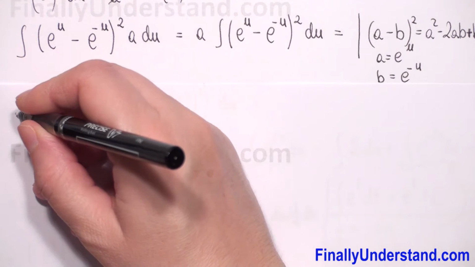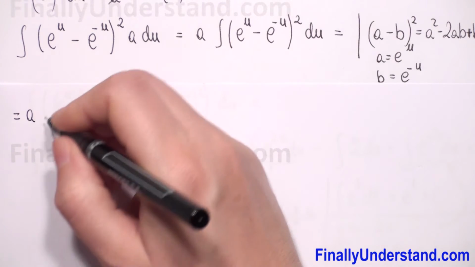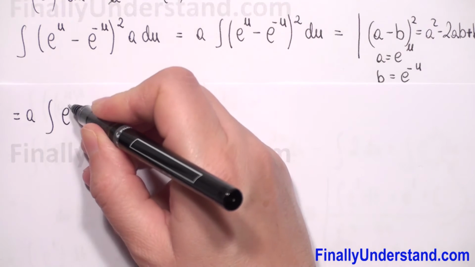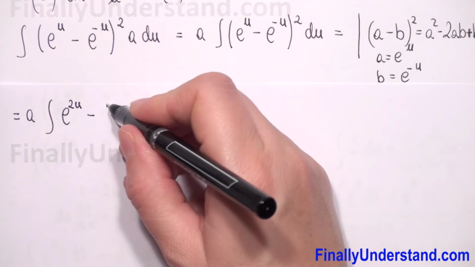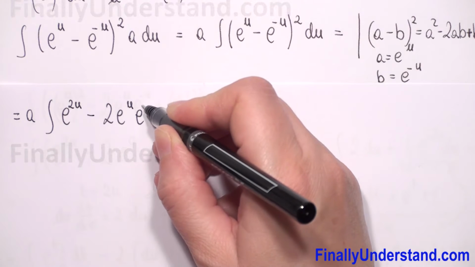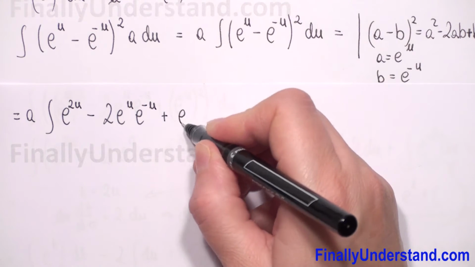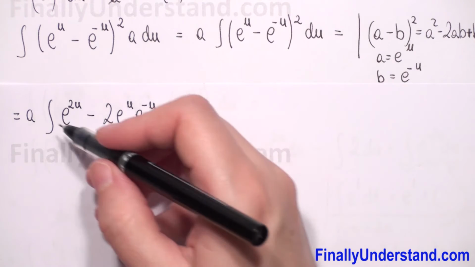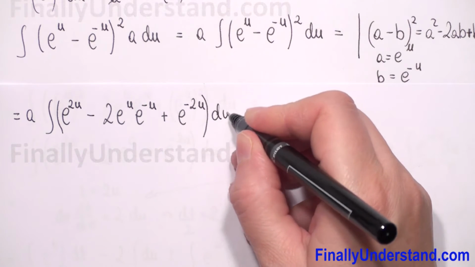So we copy a, and we have the indefinite integral of e to the power 2u minus 2 times e to the power u times e to the power negative u plus e to the power negative 2u. Of course, we have the indefinite integral with respect to u.